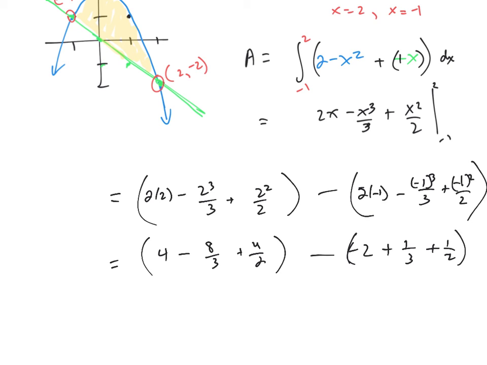if I'm doing my math correct. I'm going to go ahead and distribute and combine what I can. That I could have put together, so let's go ahead and put that together as 6. So I have a 6 minus 8/3. Distributing, I get a minus a negative 2, which is plus 2, minus 1/3, and minus 1/2.